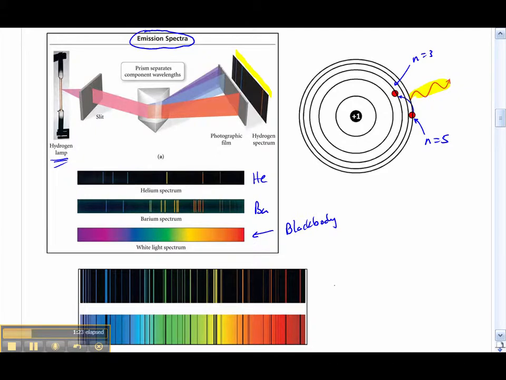A good example of all this is right here. We can see the connection between this emission spectrum and the same absorption spectrum for mercury, Hg. If you take a careful look, everywhere there's a bright line, there's a corresponding dark line here.